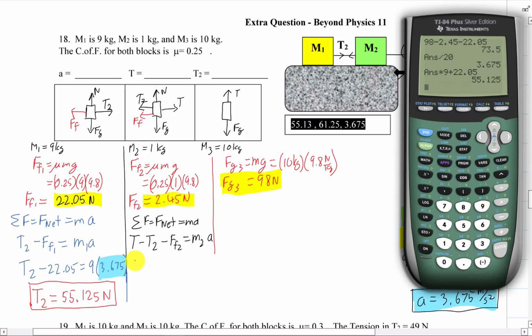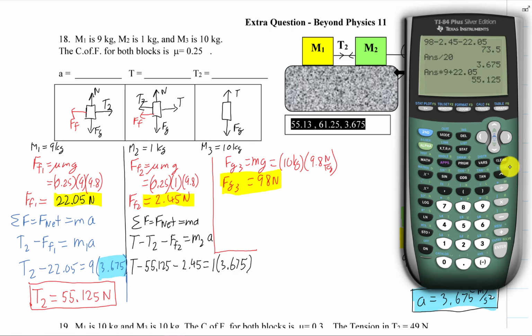So T minus 55.125 minus 2.45 is equal to the mass 1 times 3.675. Okay, I need a little bit more room here, so moving over, clear it up. So let's just do that.